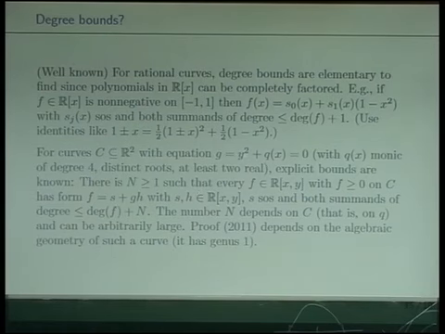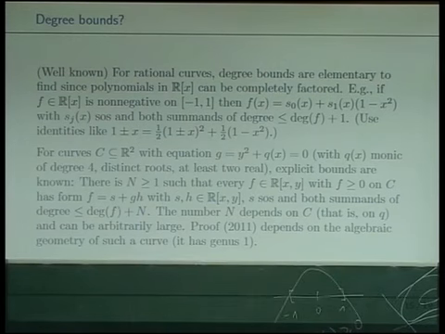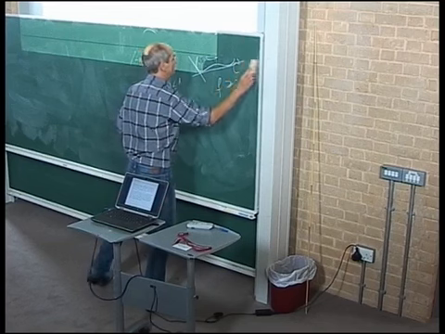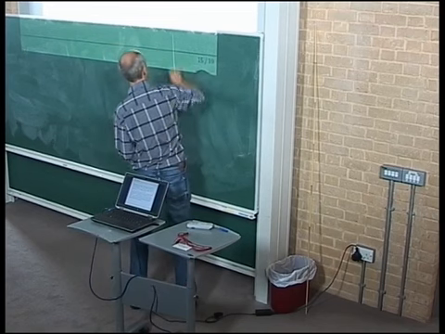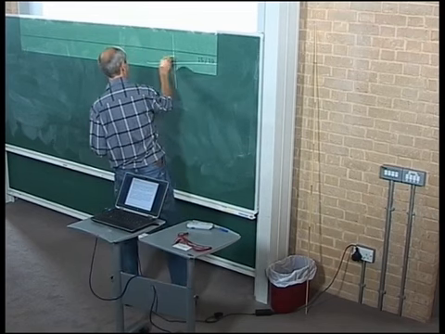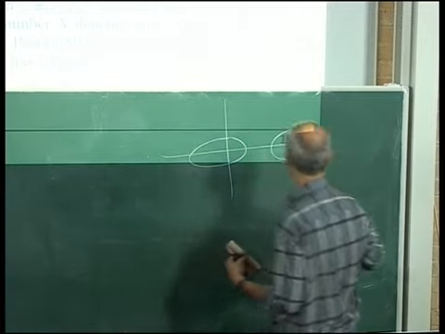There's one other case of curves where degree bounds are known, so-called genus 1 curves. These are curves with an equation of this type. Two variables, so we are in the plane, two variables x and y, y squared plus some degree 4 monic polynomial q of x with distinct roots to make it smooth, at least 2 roots real, so the curve may look like this, depending on whether q has 2 or 4 real roots. This is the coordinate axis, the curve may have either 1 oval or 2 ovals.